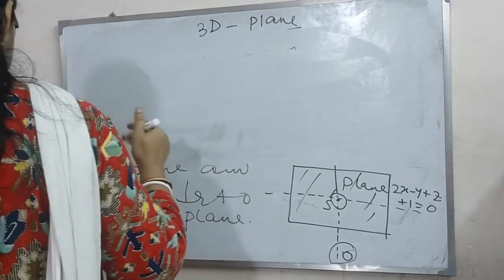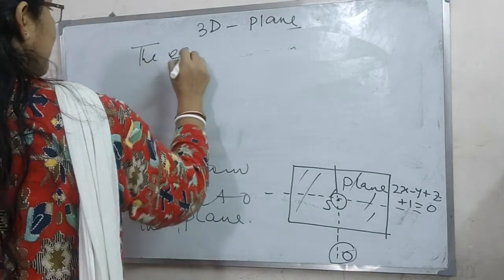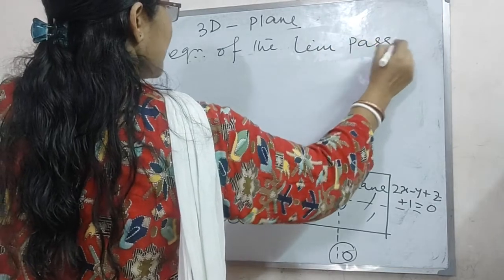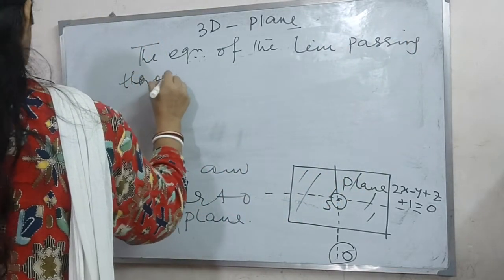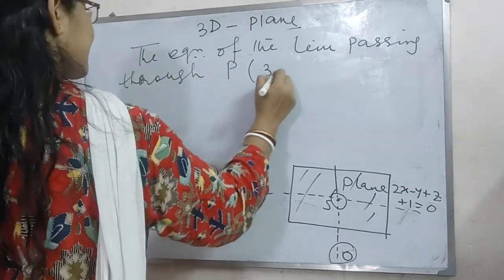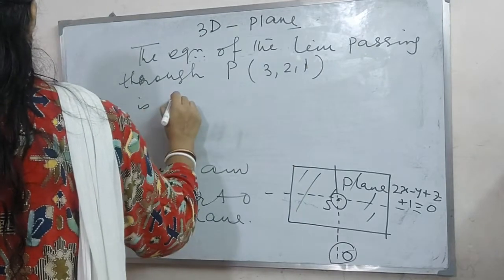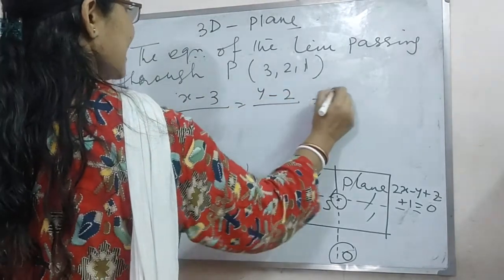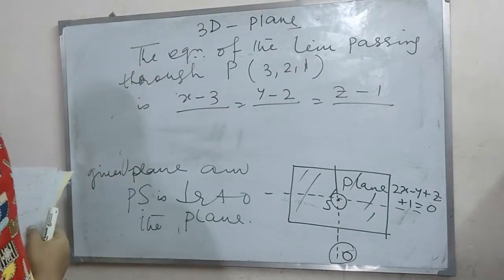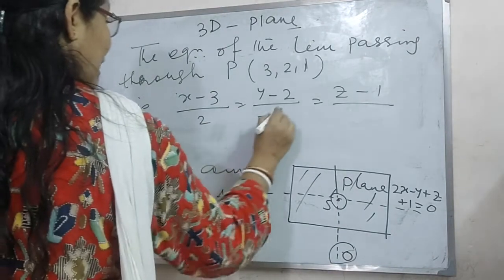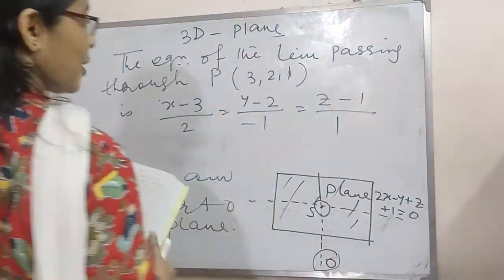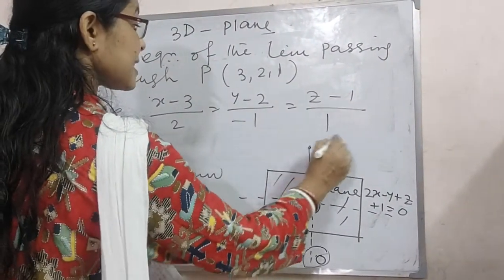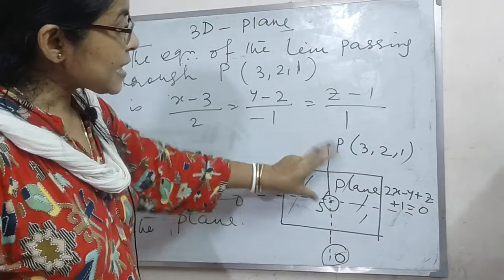The equation of the line passing through P, that means (3, 2, 1), is x minus 3, y minus 2 and z minus 1, and the dr of PS is 2, minus 1 and 1, because PS is perpendicular to the plane.